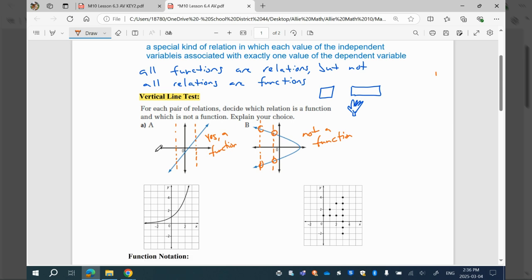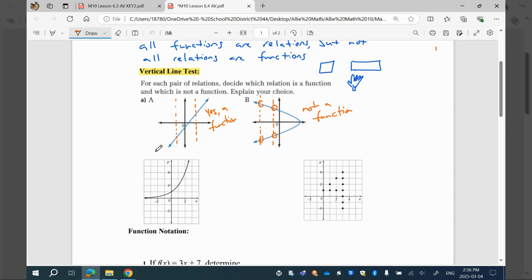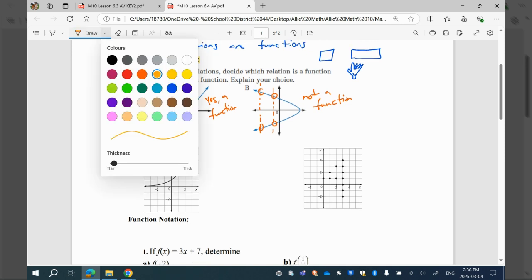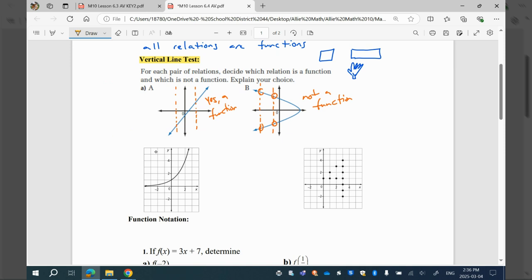And the pencil test that I would have done when I was your age is, you put your pencil along the function, like that. There's a lead. And if you roll it sideways, if it only touches the line at one spot at a time, then yes, it's a function.